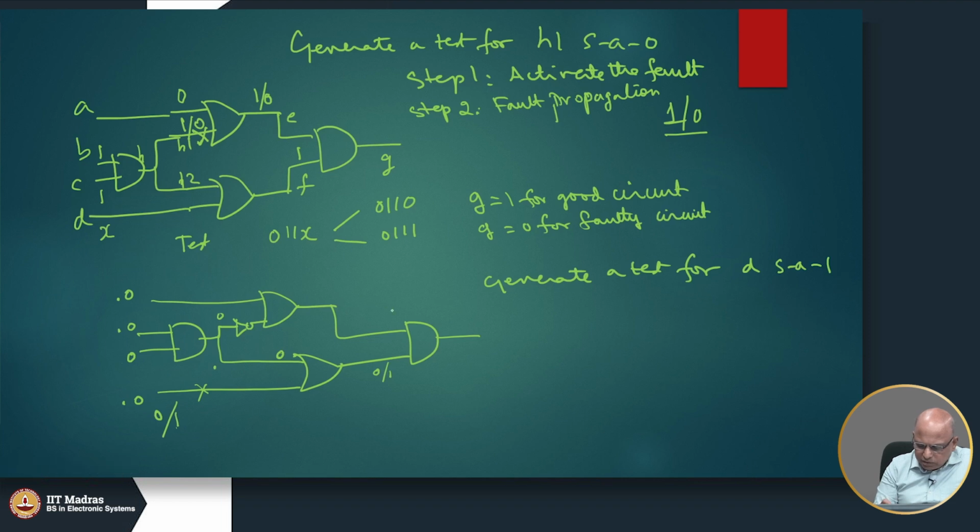And in order to propagate this further, we need to have a 1 here. So, I have a choice, I can either take this one as 1 or this one as... okay, I have not yet finished, right. Let me see. In order to put a 0 here, I had to place either 0x or x0.